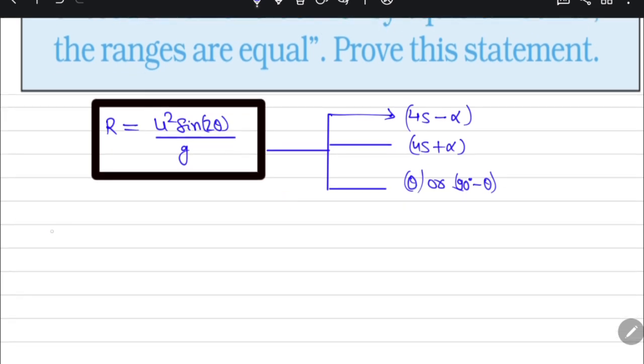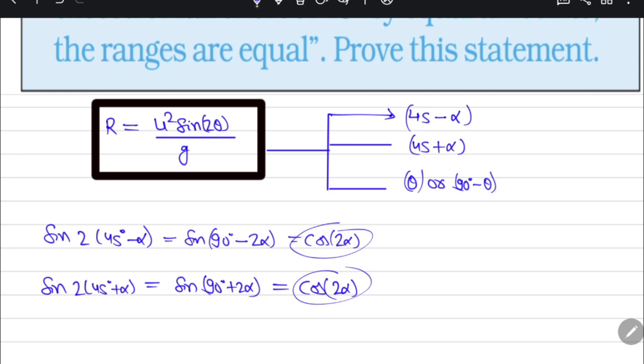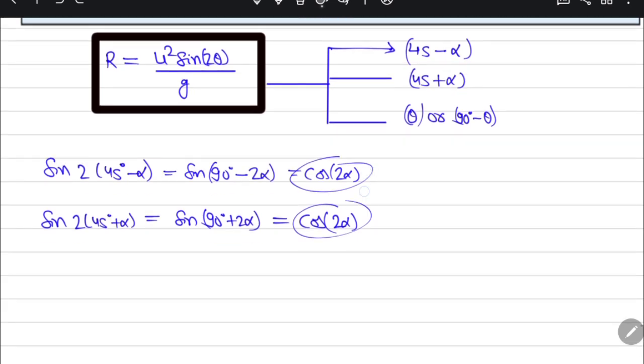Why? Because if you see sine 2 into 45 degree minus alpha, this comes out to be sine 90 minus 2 alpha, and this is cos 2 alpha. Also sine 2 into 45 degree plus alpha is sine 90 degree plus 2 alpha, which again comes out to be cos 2 alpha. Both are coming the same at 45 minus alpha and 45 plus alpha, and also theta or 90 minus theta.